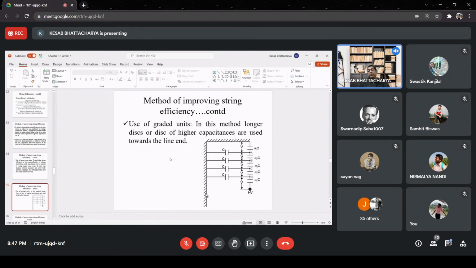So to keep the voltage drop the same, when current decreases, you have to increase the capacitive reactance, and that you can do by reducing the value of C. So smaller discs have to be used towards the ground end, and larger discs have to be used near the live end.